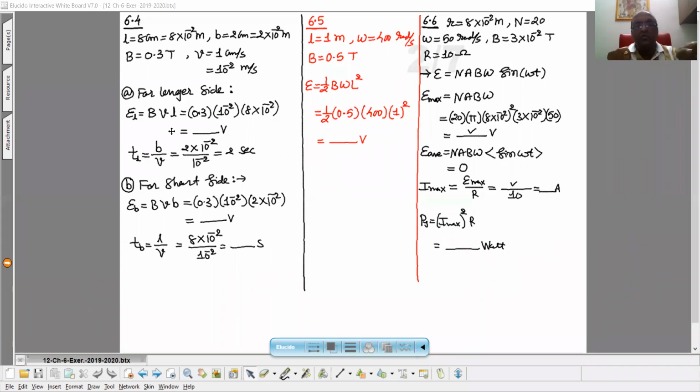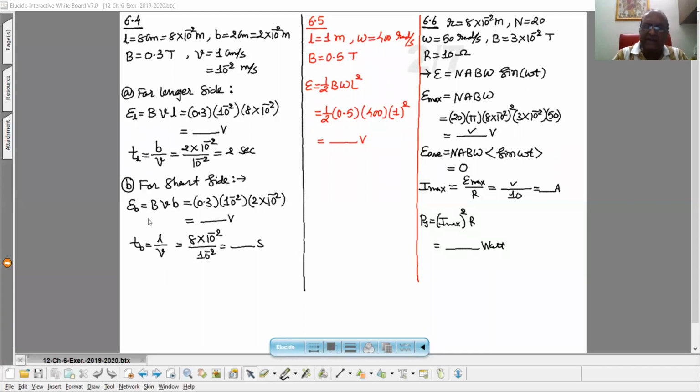So to come out of the field, it has to cover the distance equal to breadth. So time taken is breadth upon speed. Breadth is 2 into 10 raised to minus 2 upon speed, which is 10 raised to minus 2, and that is 2 seconds.